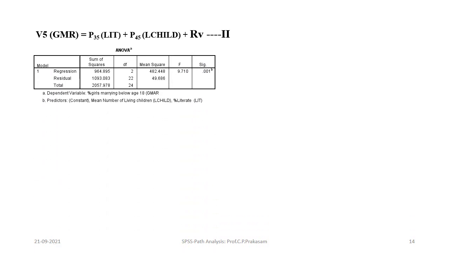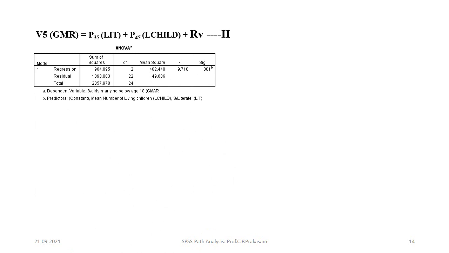Then coming to the next equation, V5 equals P35 plus P45 plus Ru. In this we have the variables literacy, that is V3, and V4, related to the dependent variable V5, girls marrying.